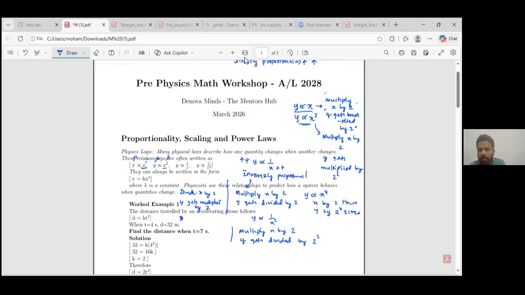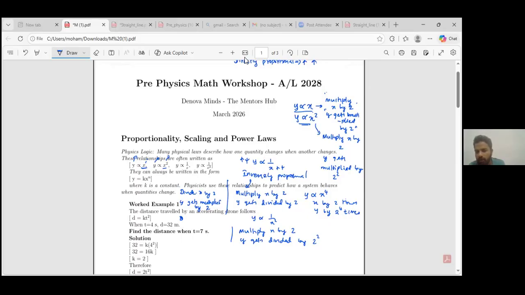Either they can be directly proportional or inversely proportional. This is a manner in which we can say a certain quantity increases or decreases with the other, right? So now we can move into some examples.